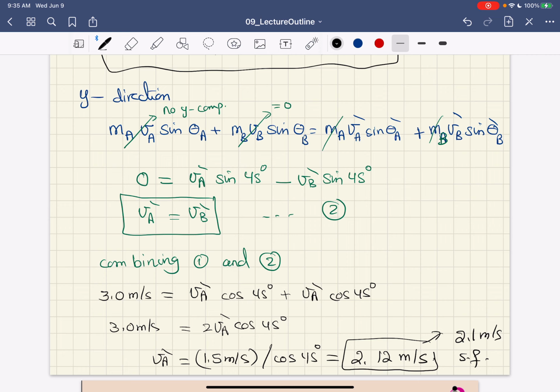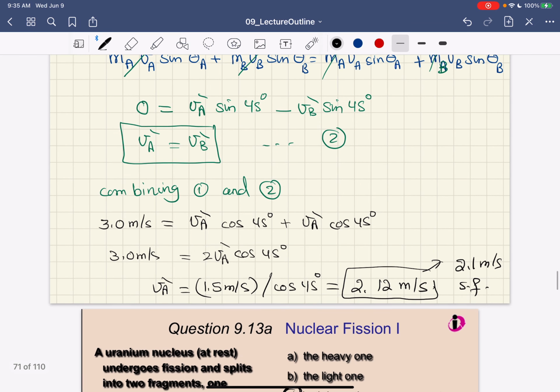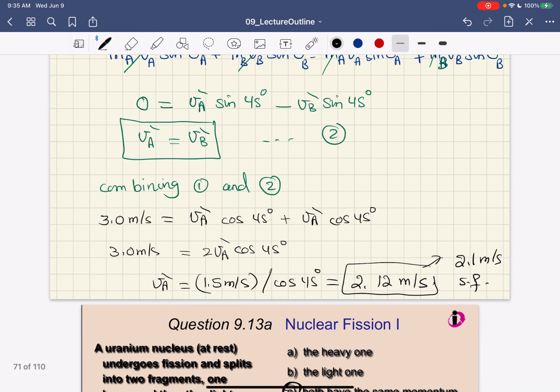This makes sense since one of them is 45 and the other one is negative 45. They are going to be equal so that the velocities in the y direction will cancel. I can rearrange my equations and solve 1 and 2 to get a velocity of 2.12. For the sake of significant figures, I can put this as 2.1 meters per second.